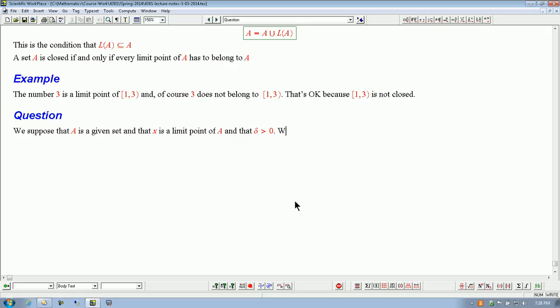We know from the definition that the set with center x and radius delta, intersected with A, with x taken out of the picture, is non-empty. Don't we know that?